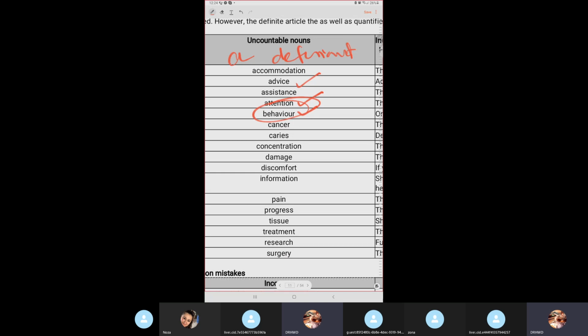When I say I need your physical attention or your visual attention or your emotional attention, now it's a type of attention. That's why it can be countable, but I'm using the first word attached with attention or behavior. I'm not using a or an with these uncountable words. Right? Clear? Everybody clear about that? Any questions, guys?